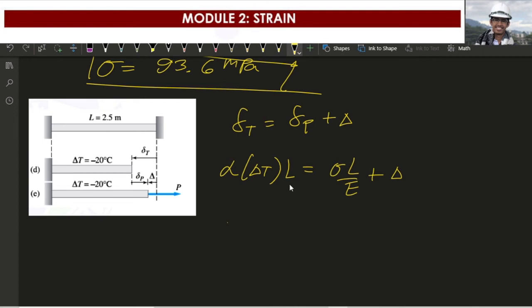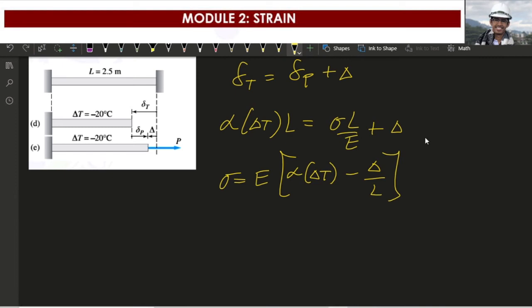So that will give us a stress will be equal to E multiplied by the alpha times delta T minus yung delta over L natin. Okay? So you can directly input ito sa calculator. So if you simplify this, ilabas niyo yung stress dun sa right side and laruin nyo lang yung equation.